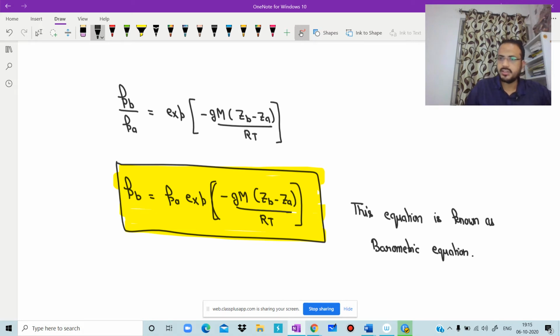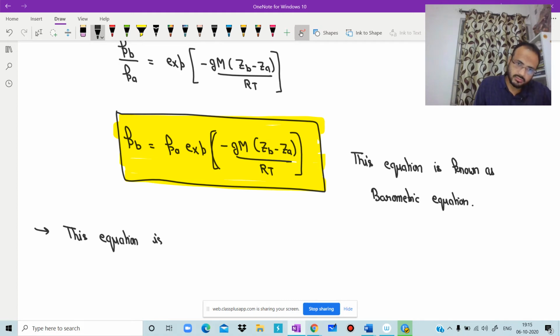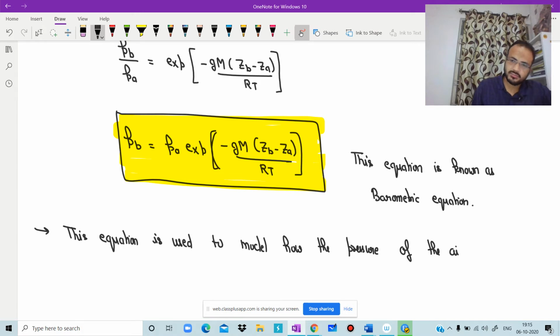Is it clear? And what is the use of barometric equation? This equation is used to model how the pressure of the air changes with altitude.